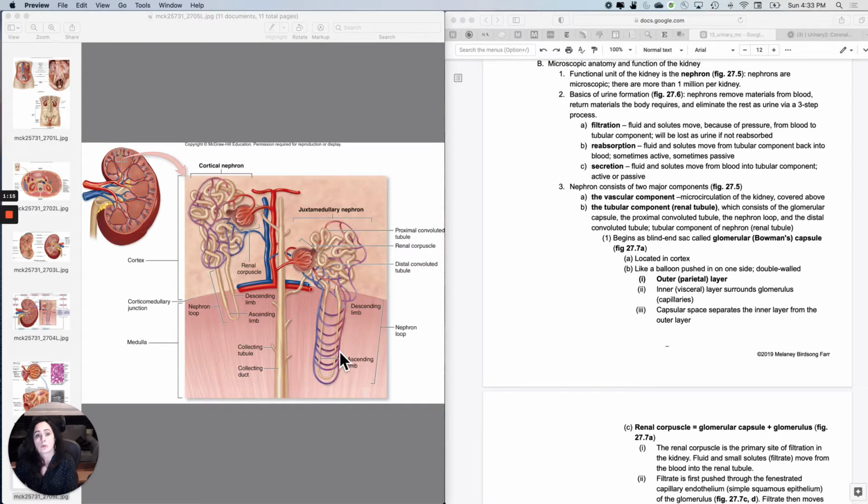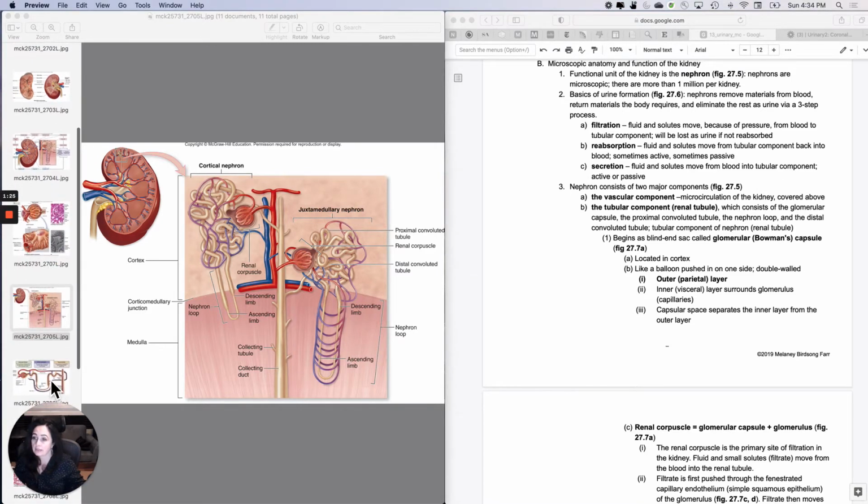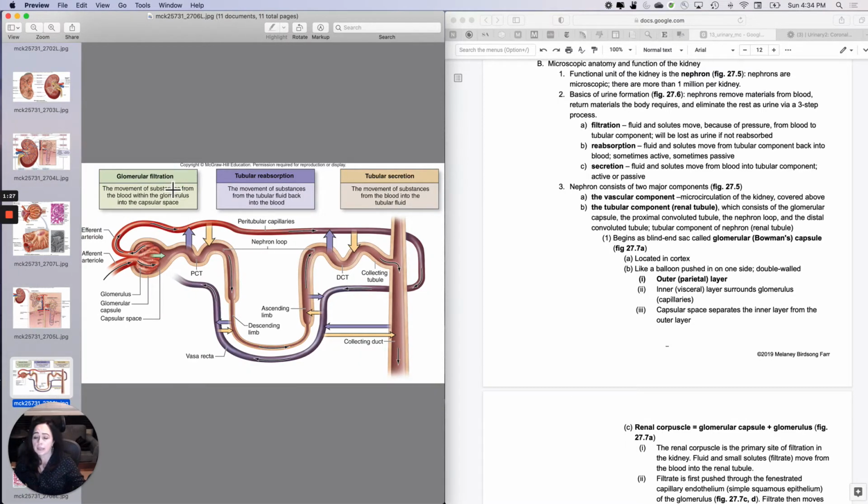And so the basics of urine formation really depend on 3 processes occurring. So I'm going to show you the processes, and the processes are going to be occurring at the kidney, and they are filtration. Filtration is pressure driven, and it moves fluid and solutes from high pressure to low pressure through open holes.